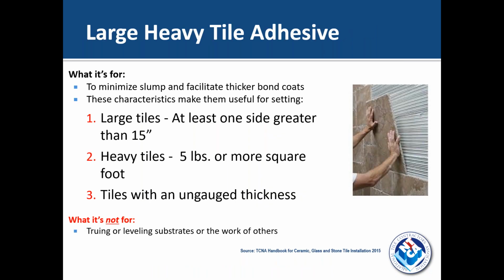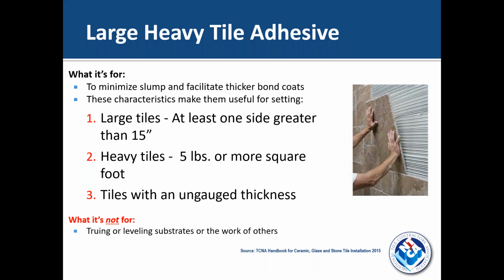This is from the TCNA Handbook about the definition of large and heavy tile, when you need to use a large and heavy tile adhesive. And it's really 3 criteria. One I mentioned earlier: if the tile has one side that is greater than 15 inches, you need to use an LHT mortar.